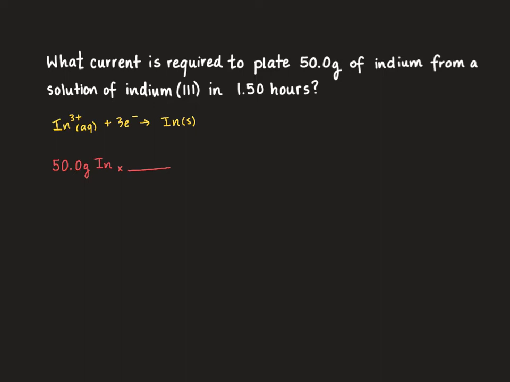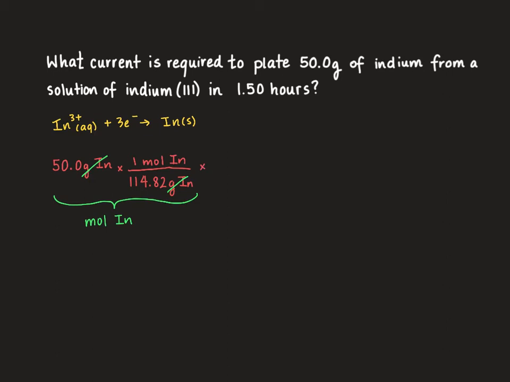So that's going to be 114.82 grams of indium for 1 mole of indium. So that calculation there gives us moles of indium that we're actually going to be plating out. Our grams here are going to cancel.